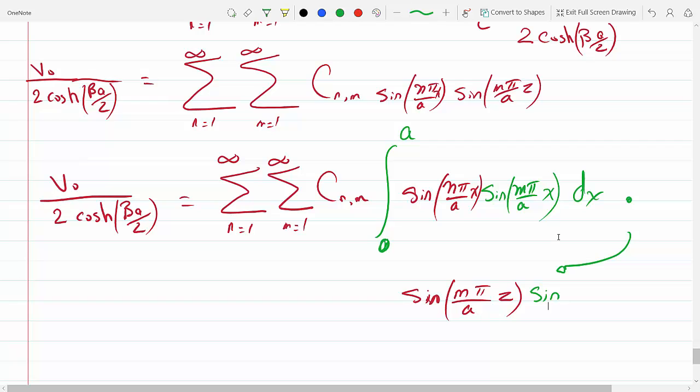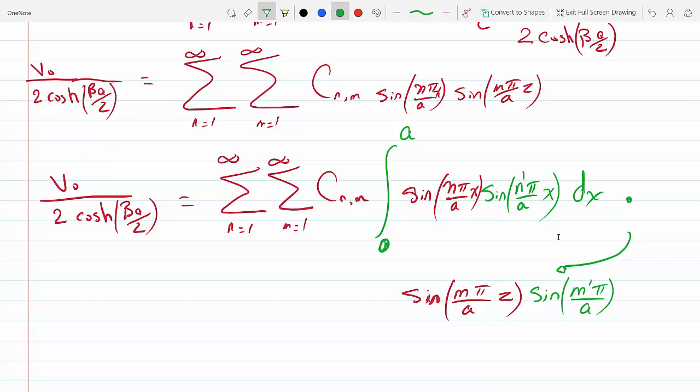You know what, to avoid any confusion, let's do n prime on this, and let's do m prime on this. So m prime pi over a z, and I will integrate this from 0 to a dz. And likewise, this will knock out all the terms where m prime doesn't equal m, and we'll only have one term left when they're the same.